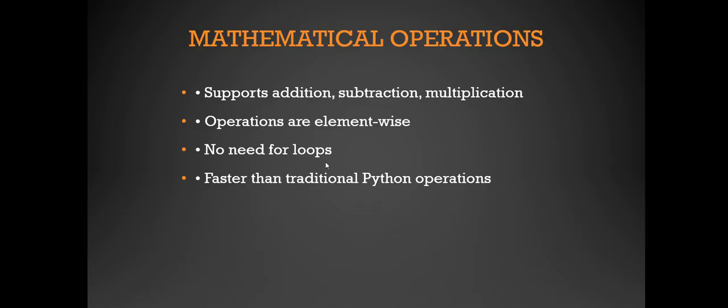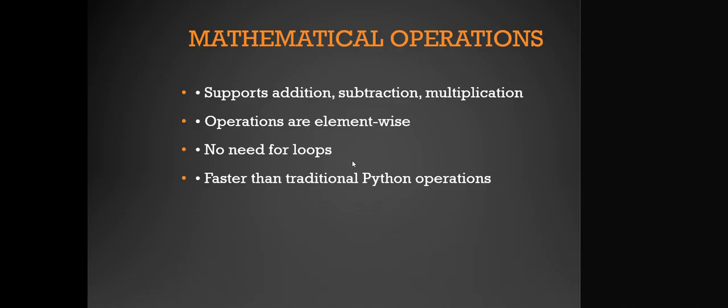If you use a list and have to perform any operation, you need a for loop, because in our previous example, when I did square into 2, it didn't perform the operation, instead it duplicated 1 2 3. Why? Because we didn't use a for loop there. In the traditional way, we use for loops to perform operations, but in NumPy we don't need any for loop. That is how it is, and it is faster than the traditional Python operation.